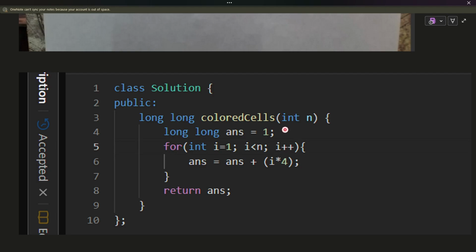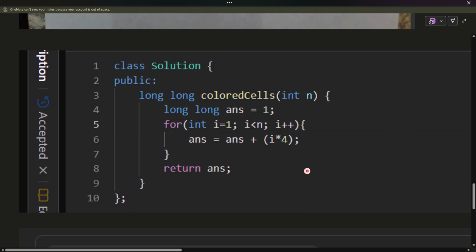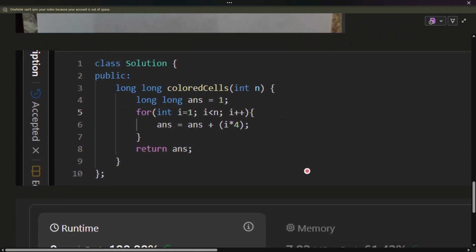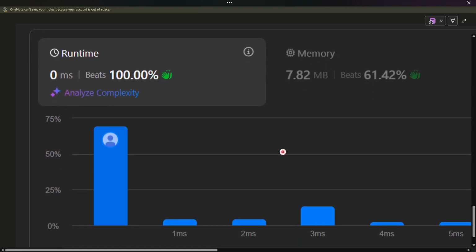We have answer equal to 0, and we are starting from i equal to 1, because if n equal to 1, we will simply return 1. For the rest, we are just adding i into 4 to the answer and returning it. The code is very easy, and the solution is also optimal.